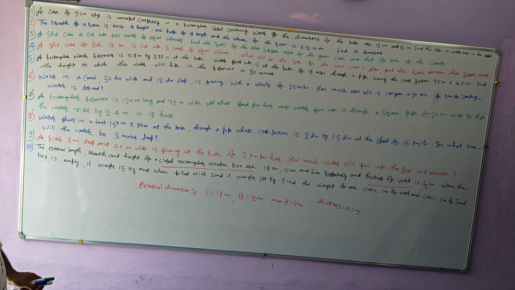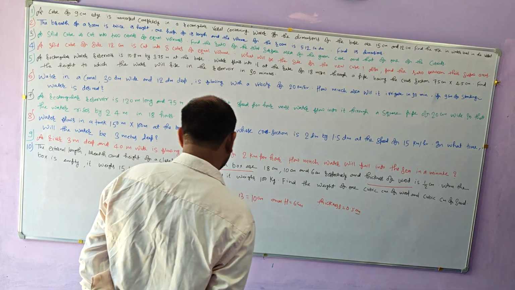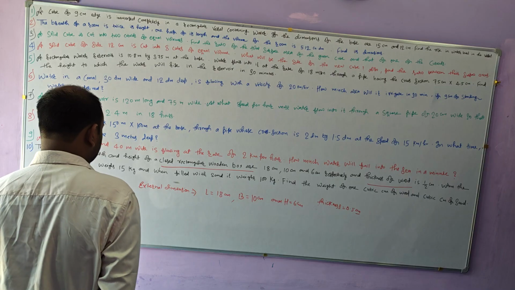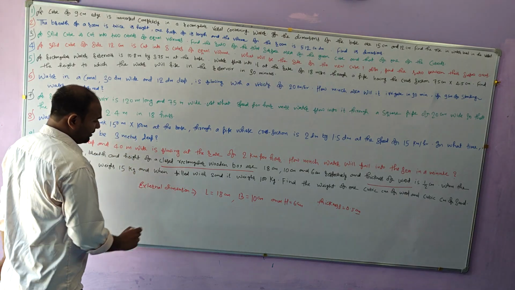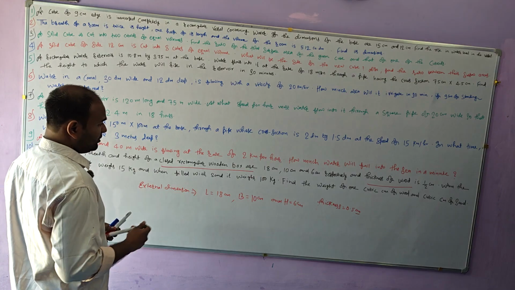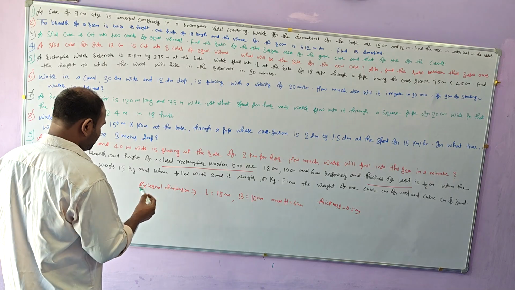When the box is empty, there is nothing in the box. So firstly we need to find the internal dimension from the external dimension, because we have a thickness of 0.5 centimeter.